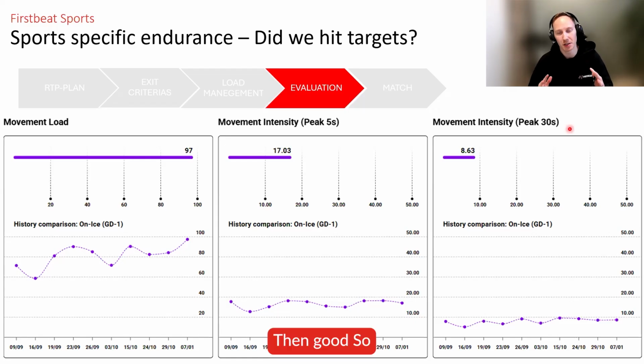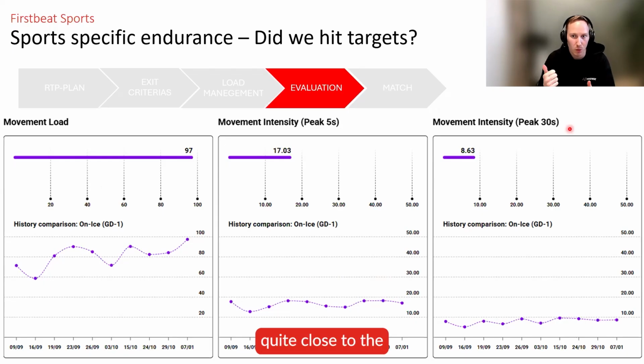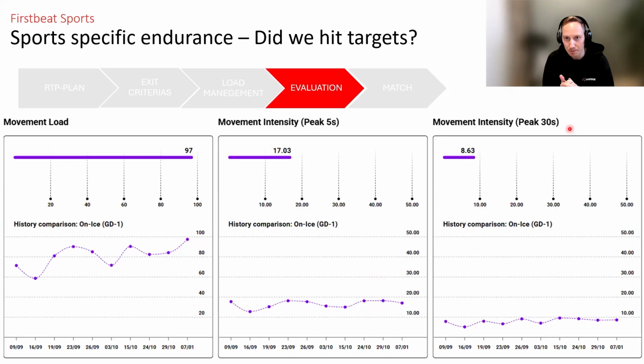Then, good. So now the coach had numbers for the athlete to communicate with the coaching staff about his conditioning after the return to play phase. Aerobic endurance seemed to be on a good level, quite close to the pre-injury levels.